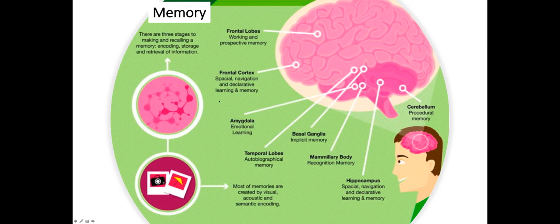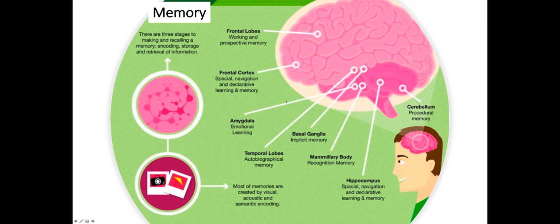But we also have memories that are unconscious, and that is knowing how, and that is all about our implicit memories, and we can see these here are in our basal ganglia. And we can also have our procedural memories, which is a little bit down here in our cerebellum, but of course our hippocampus also stores some declarative memories as well as learning and memory.